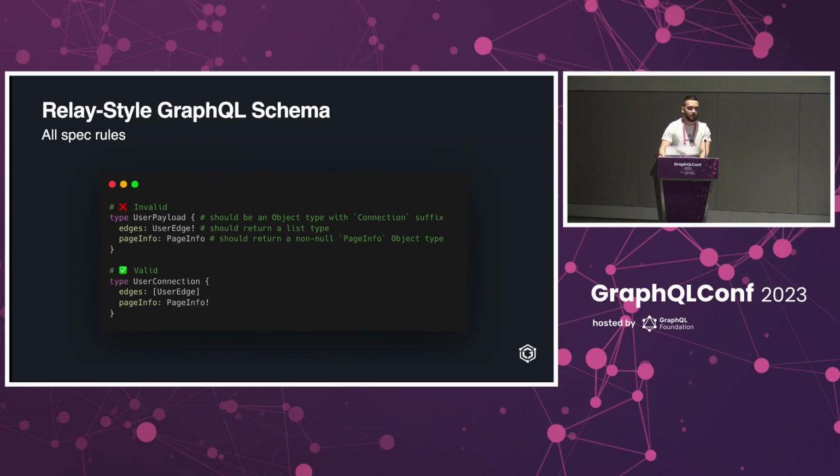For me, every time I need to write new types in the Relay spec, I always Google, because I always forget that a connection type should be an object type with a Connection suffix, an edge type should return a list type, and the special type PageInfo should return a non-null PageInfo object type. So with GraphQL ESLint, it's also easy to validate and have a 100% valid Relay style schema.